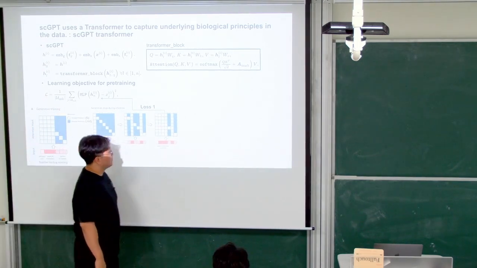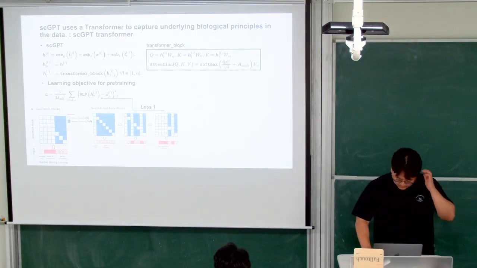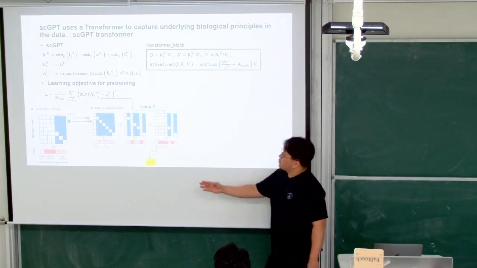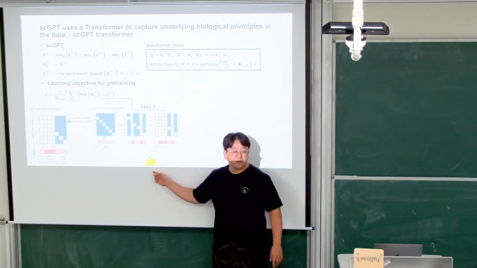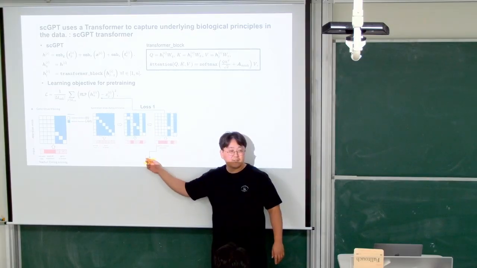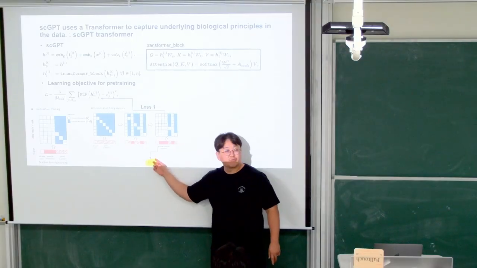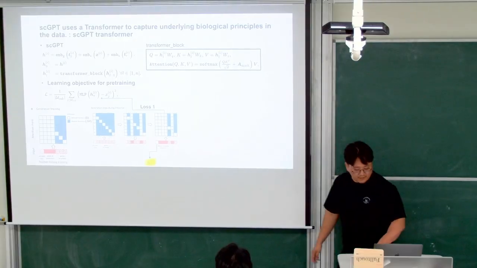And they add an additional step. During this process, the cell representative vector was changed. They want to improve the quality of the cell representative vector, the cell embedding. How to do that?